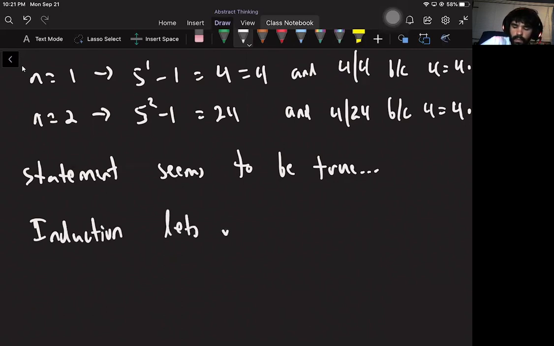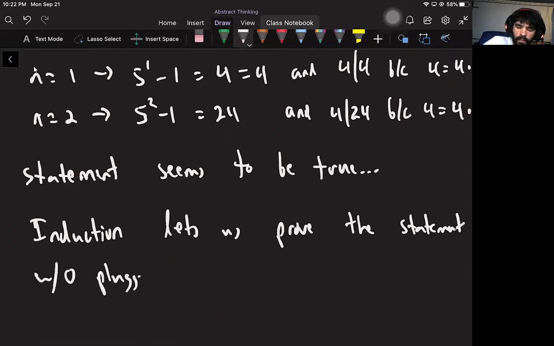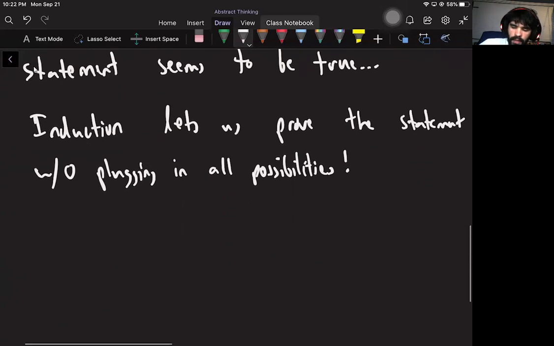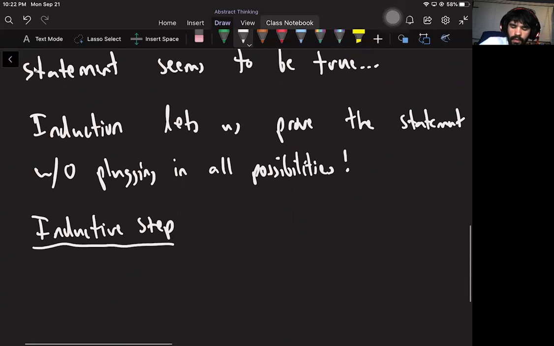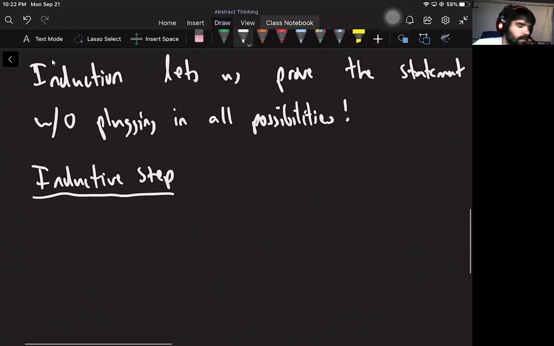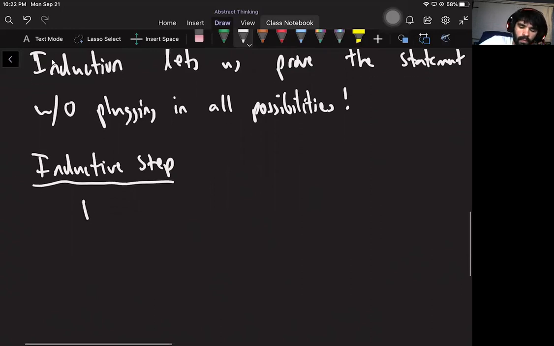So induction lets us prove the statement without plugging in all possibilities, because that would be impossible. Here's the genius step. It's called the inductive step. Why is it called the inductive step? Because you use it while you're doing induction, I guess. Here's what it is.